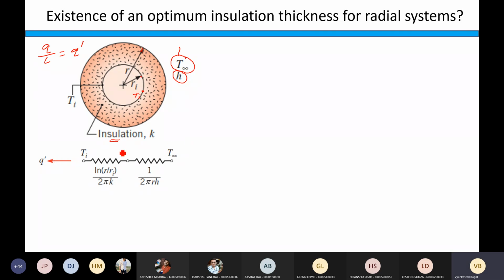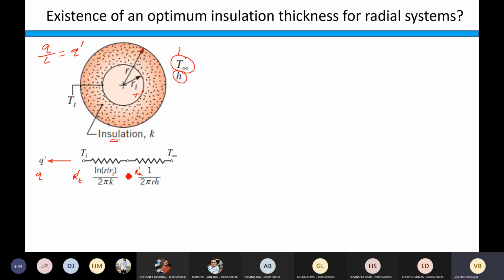So if I am writing this part as Q dash, then you can call this R dash. This is R dash thermal resistance, and this can be called R dash convection resistance, right? If you are not comfortable with this symbol, you can change it accordingly. So right here Q, then you have to add L here. We know how to find the thermal resistance of conduction for a cylinder.